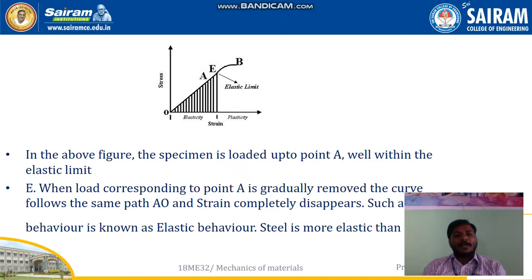By seeing this graph we can identify that within the elastic limit, the material under observation or in service will regain its original shape, size or structure after the removal of load. So elasticity applies under stress-strain conditions only.